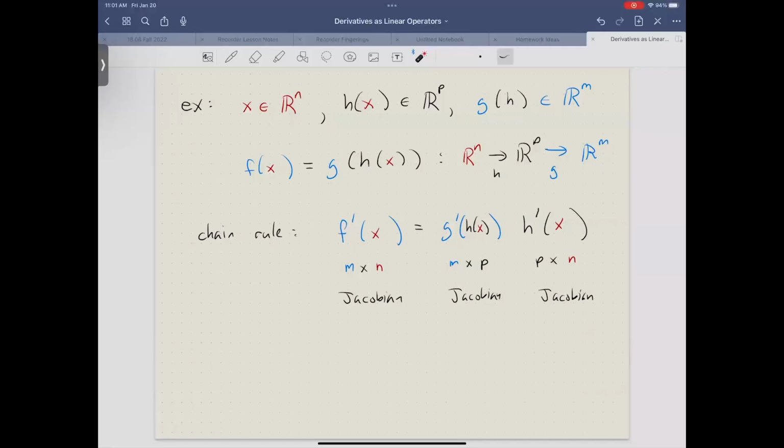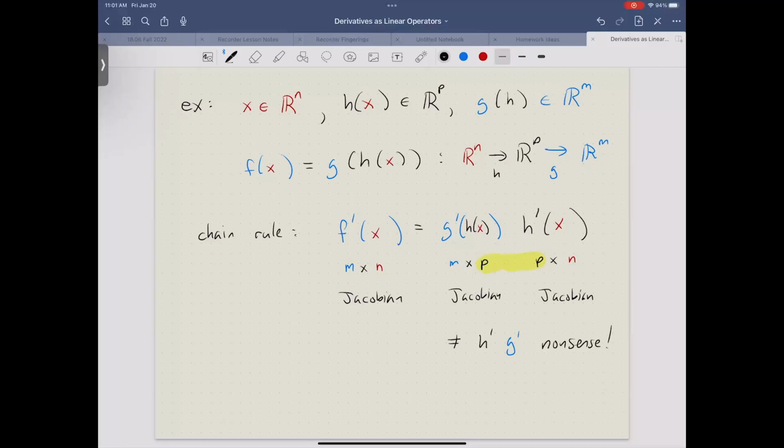And you can see that these match up. Not only is this not equal to h prime times g prime, but that wouldn't even make sense, right?